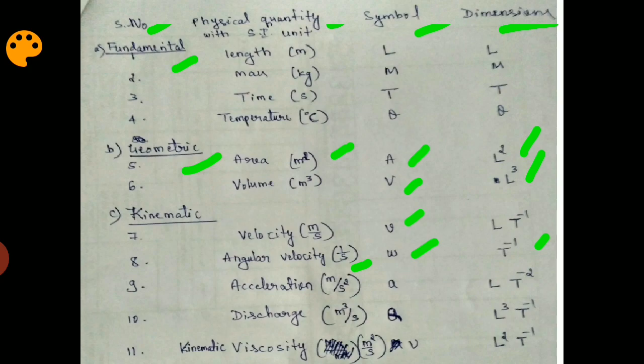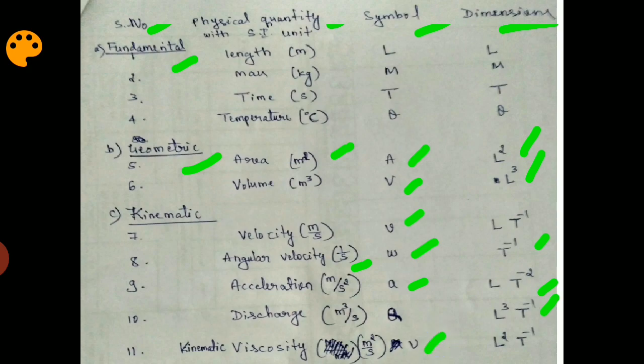Similarly, acceleration, meter per second square, symbol is A, and it is written as L T raised to minus 2. Then discharge, symbol is Q, SI unit is meter cube per second, written as L cube T raised to minus 1, L cube for meter cube and T raised to minus 1 for per second.